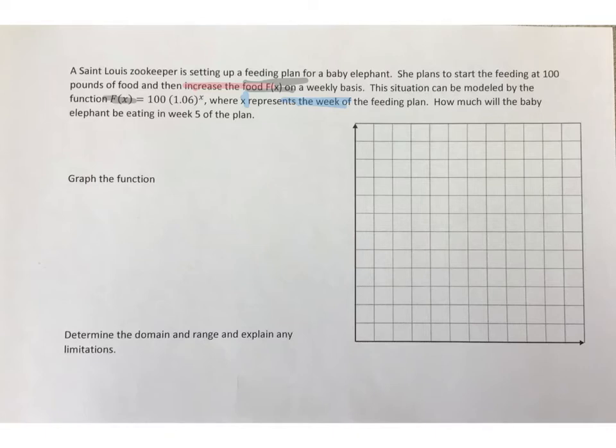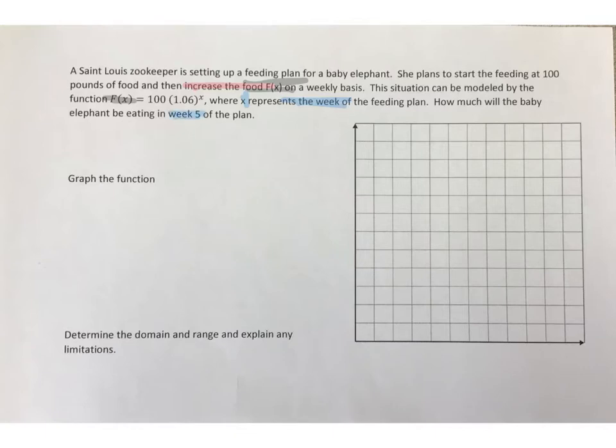Like anything that we've done, we want to make a table in order to graph this. So as you'll see on the next page, I'm going to make a table. If I were you, I would make the table first, and then I would worry about how I'm going to fit it on my graph. Normally we start our tables with -2, -1, 1, and 2. But in this situation, we're trying to get to 5 weeks.